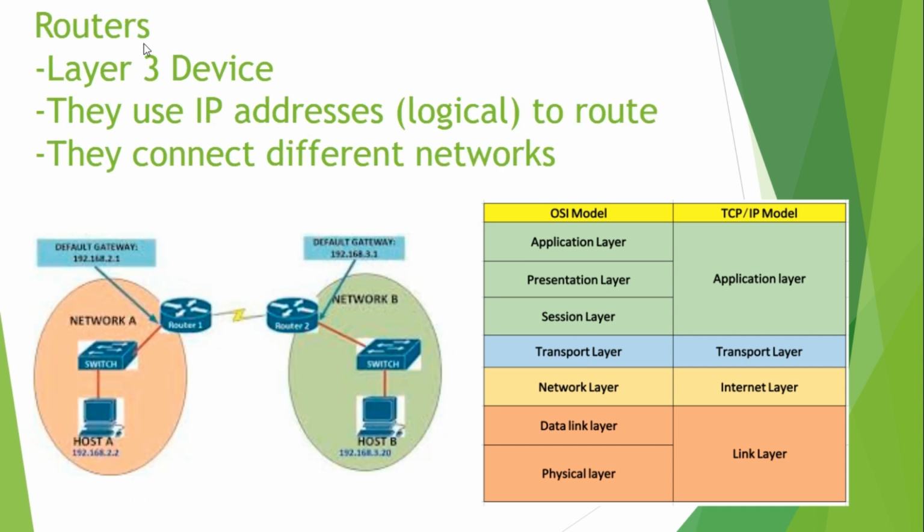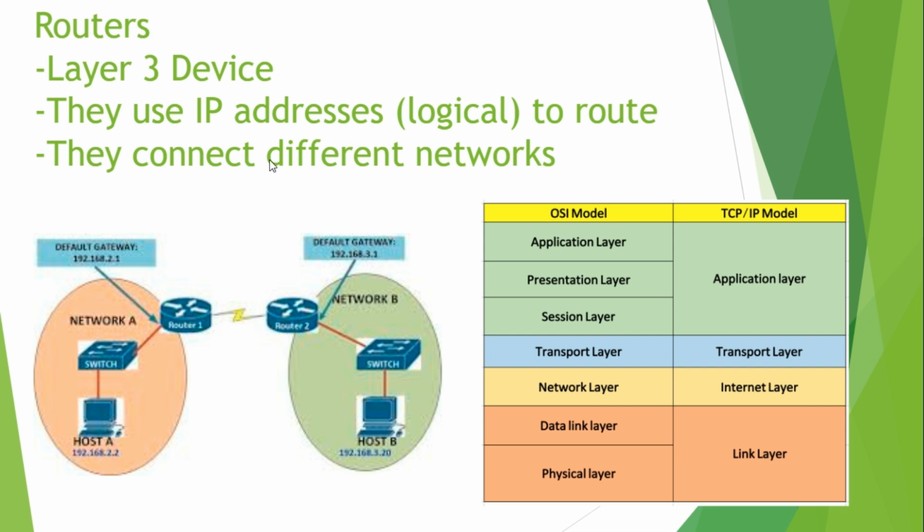Okay, so a router is basically a layer 3 device. Let's go to our OSI model: 1, 2, 3. So we know we're dealing with the network layer. The network layer is the same as the internet layer with regards to the TCP model. Let's see what we have in our notes. They use IP addresses. Here's the key word: logical IP addresses to route.